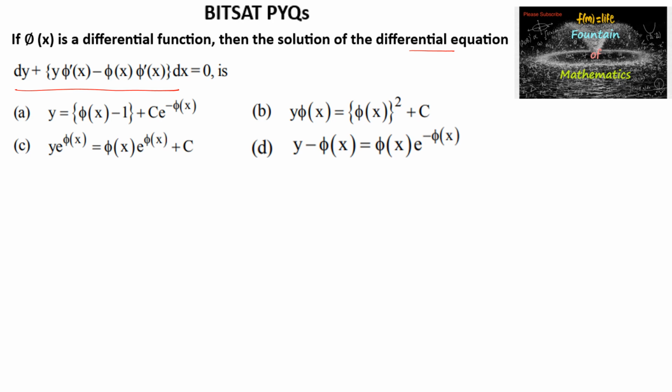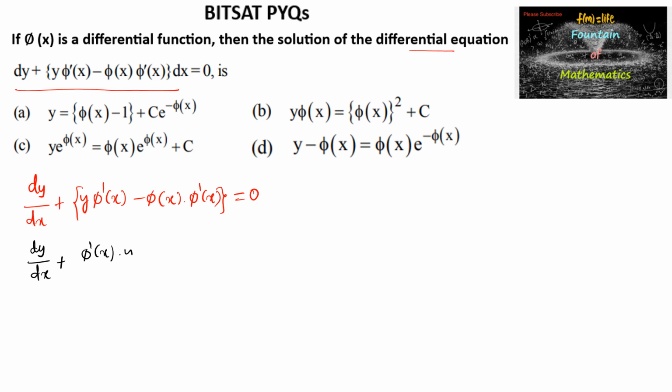So dividing by dx on both sides, we get dy by dx plus y into pi dash of x minus pi of x into pi dash of x is equal to 0, which can also be written as dy by dx plus pi dash of x into y is equal to pi of x into pi dash of x, which is in the form of dy by dx plus p of x into y is equal to q of x.